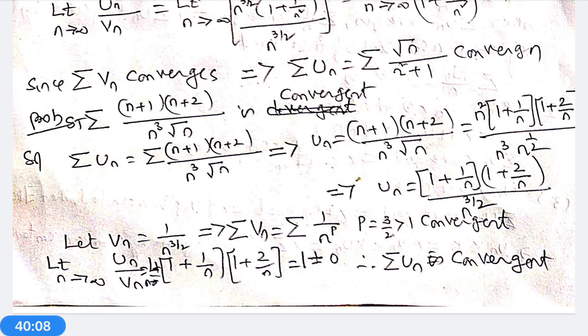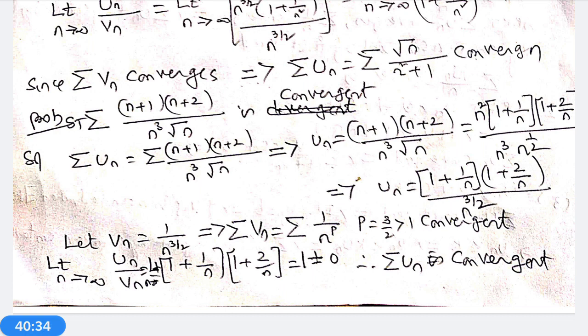Sigma u(n) is equal to sigma (n plus 1) into (n plus 2) by n cube root n, implies u(n) is equal to (n plus 1) into (n plus 2) by n cube root n. In the numerator, taking n common from the two factors, we get n square into 1 plus 1 by n into 1 plus 2 by n, over n cube into n power half.